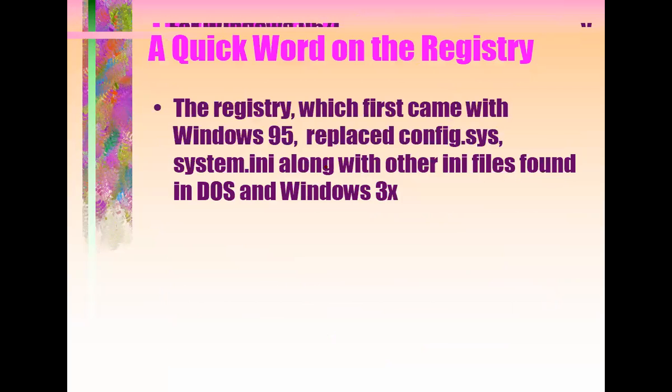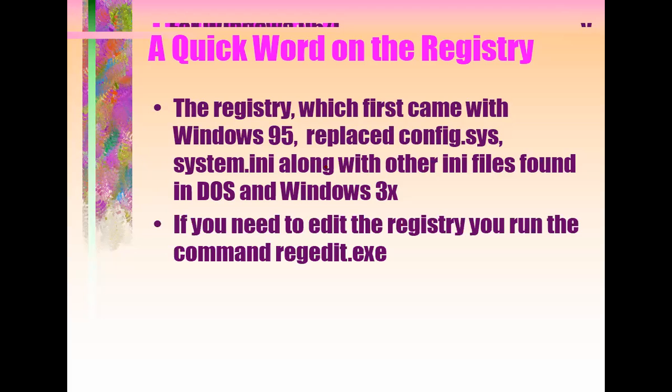So there is a registry, right? This registry comes with initialization files, which are found in DOS and the earlier Windows. Remember, these days, DOS is what you now call the CMD or the command prompt, because most computers don't use it so much, unless you have special things that you want to do on the DOS. Then if you need to edit the registry, you run the command edit.exe.